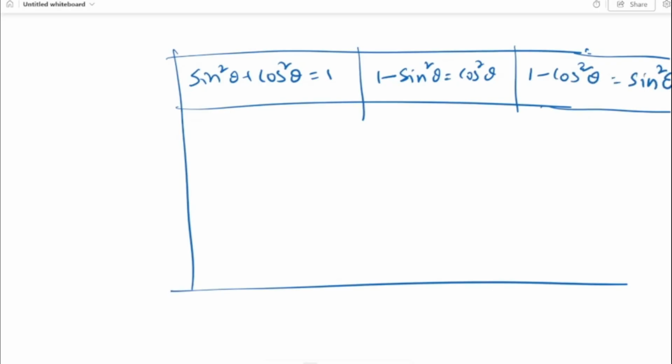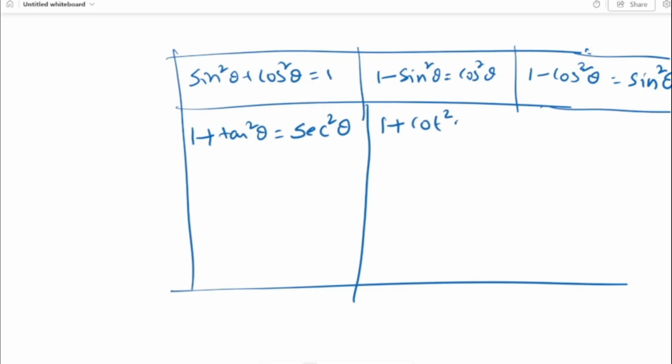Remember this. Likewise, 1 plus tan square theta is secant square theta. 1 plus cot square theta is cosecant square theta.